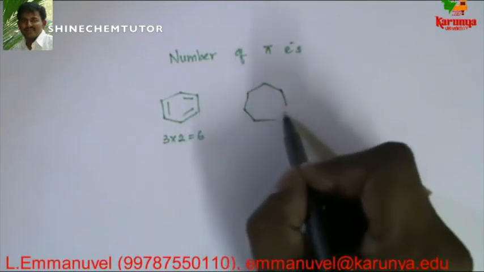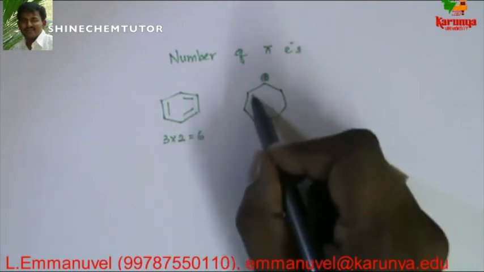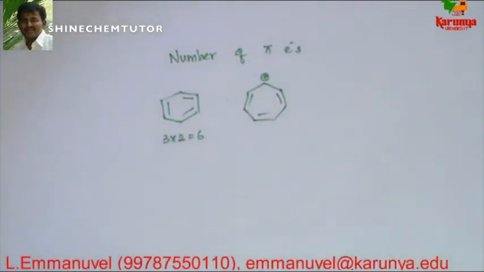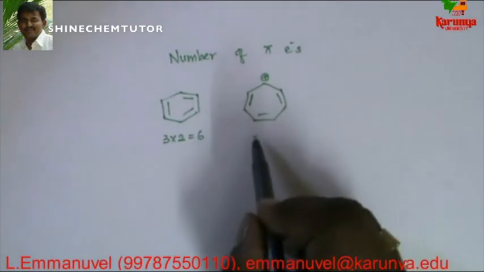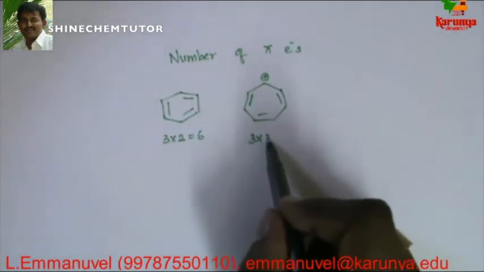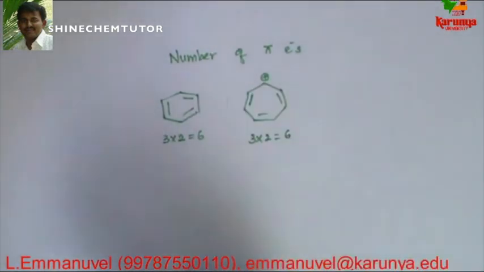If there is any positive charge on the molecule, it will not contribute to pi electrons. You have to consider only the double bonds. So here there are 3 double bonds, so there are only 6 pi electrons.